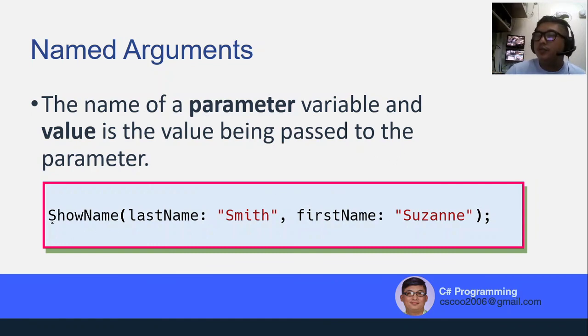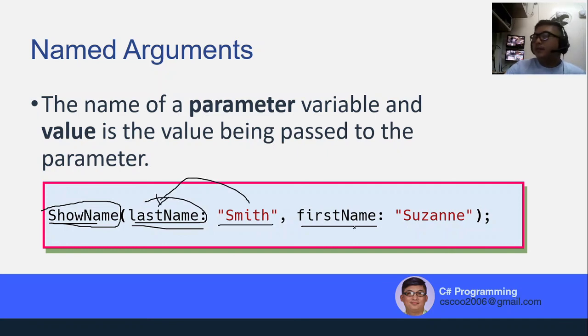As you can see, I have a show method here, and in declaring this method, it has two parameters, the last name and the first name. So you can call a method using named arguments like this one, with the value that you need to assign to this variable. In short, this variable is declared as a parameter in this particular method.